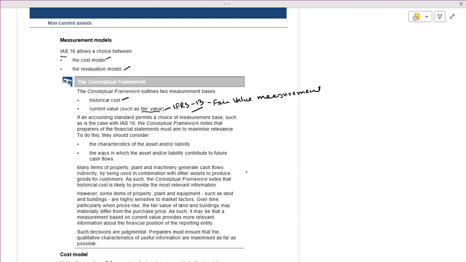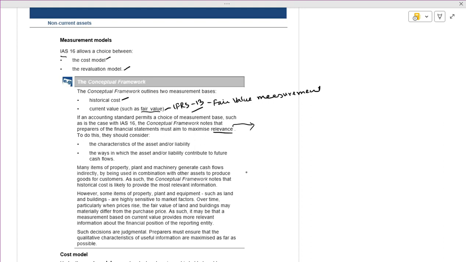They say that the choice of measures, such as in the case of IAS 16, the conceptual framework notes that preparers of financial statements must aim to maximize relevance. By nature, as students, we say that qualitative characteristics we don't give that much importance, but make it a point.